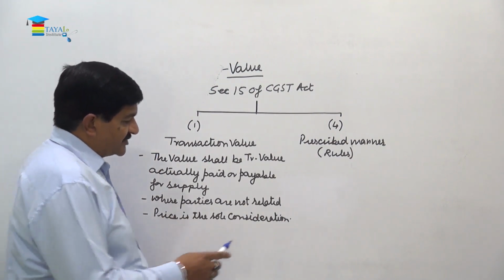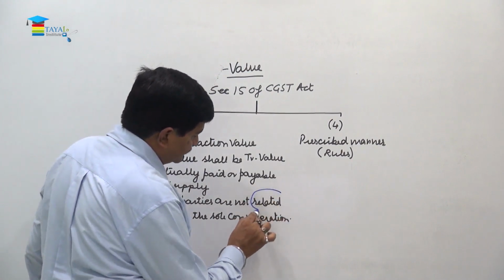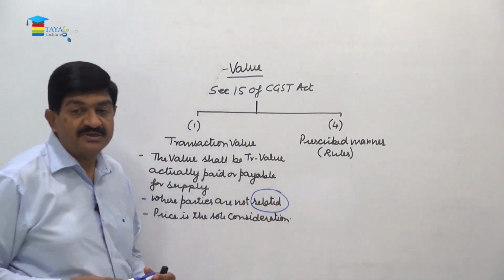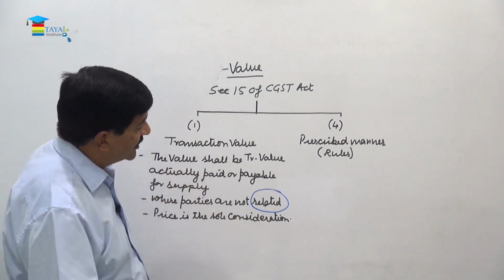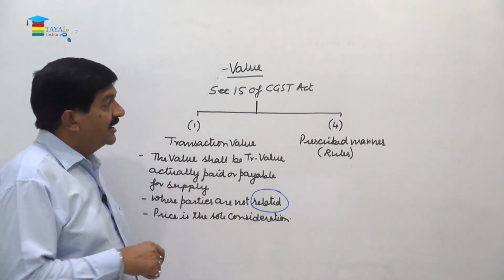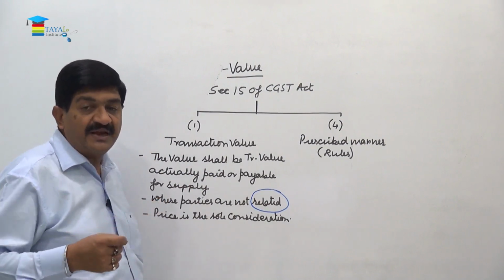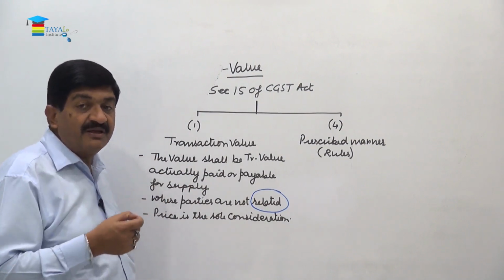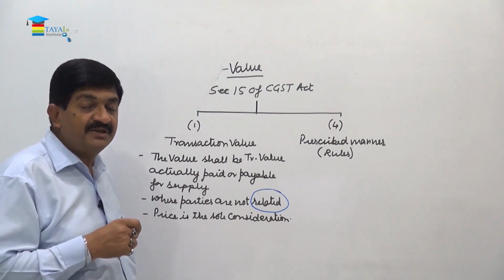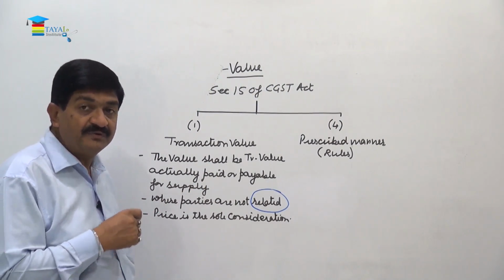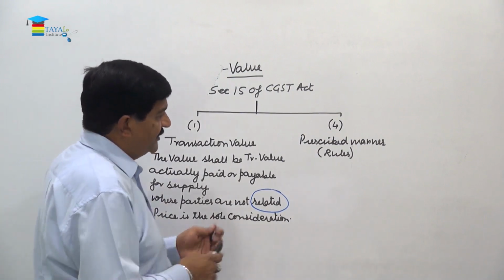Now here we have the term called related. This is not the term relative. After completing this chart, I'll explain you what is the meaning of the term related, and in the section, if you refer that, at the end of the section by way of explanation, it is given when the supplier and recipient will be considered as related for the purpose of GST Act. Okay.